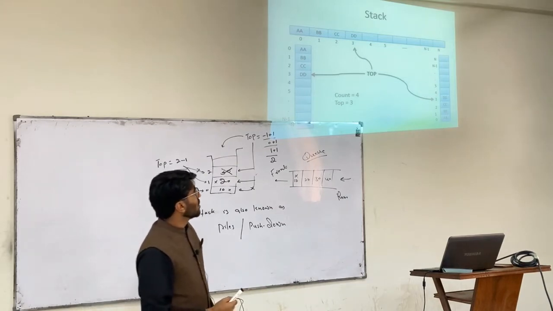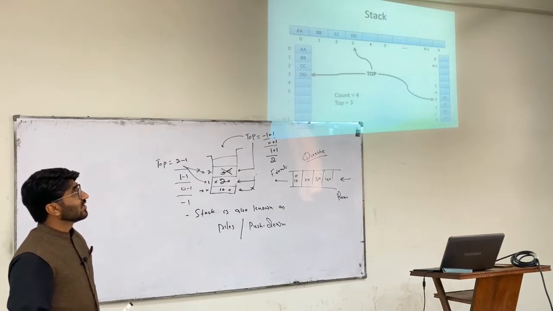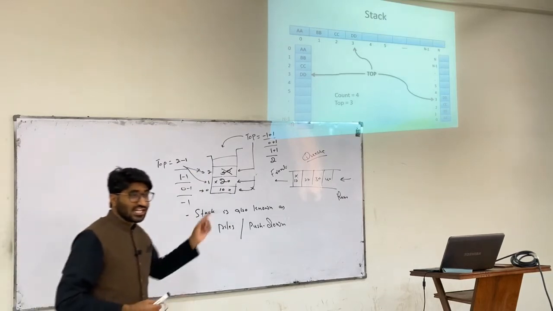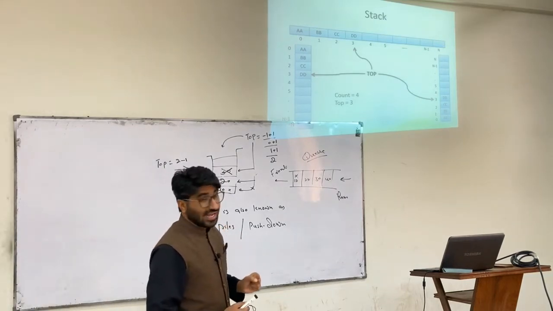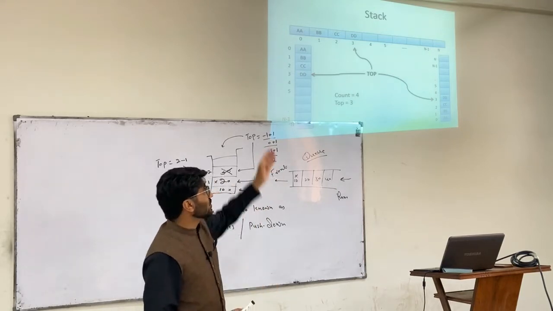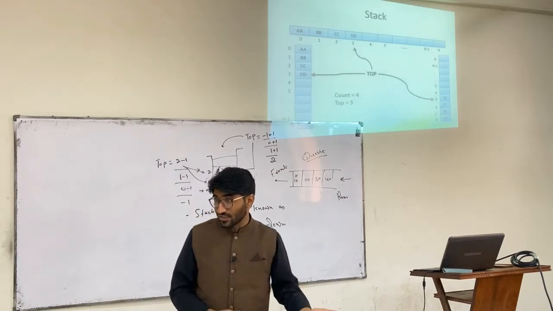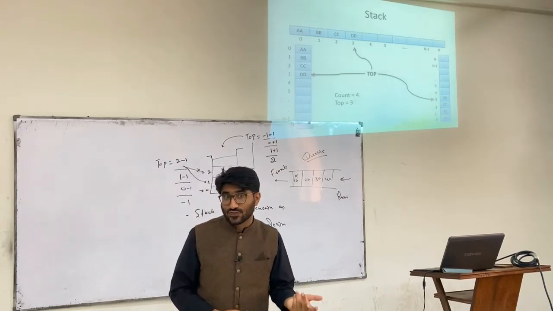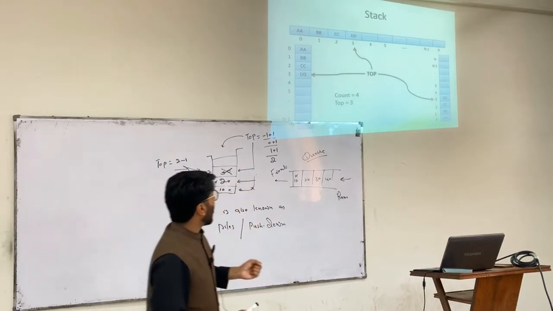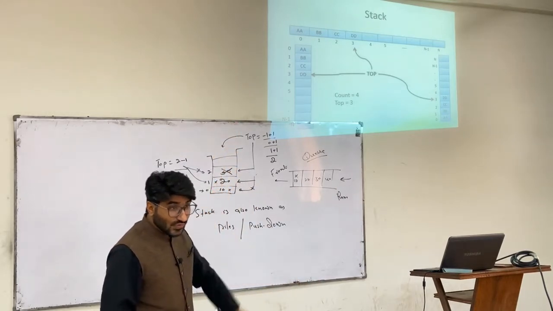Okay. So let's suppose this situation: A, B, C, D. The total, how many data are there? 4 elements. That's why we have count equal to 4. Even though size is maybe n, it can be 100, it can be 50. We don't know. And what is the value of top in this example? 3.